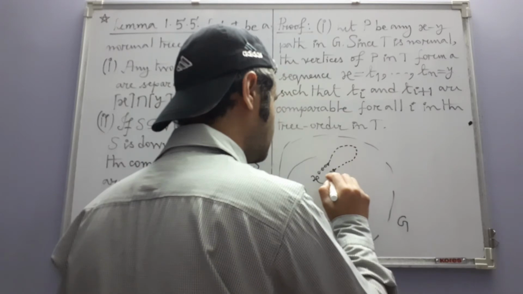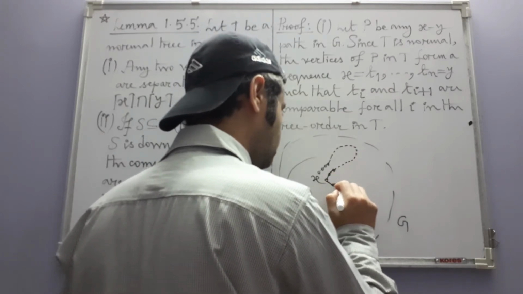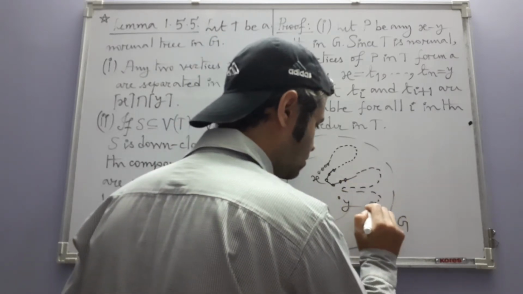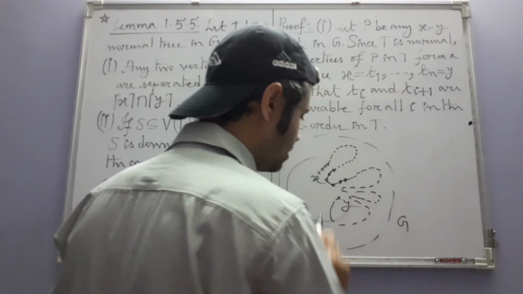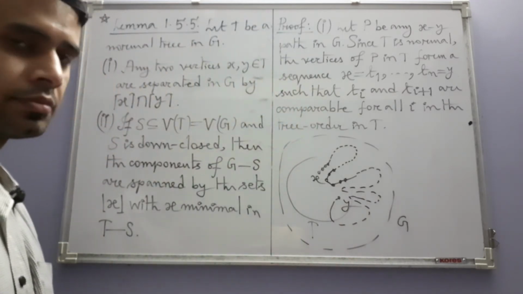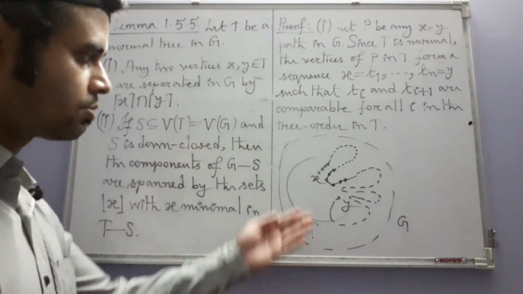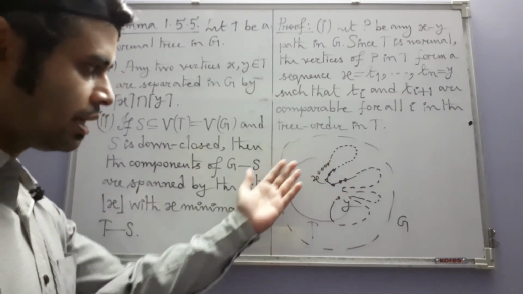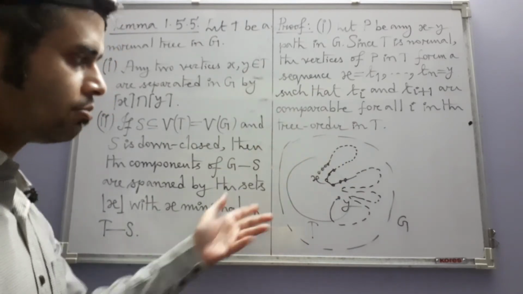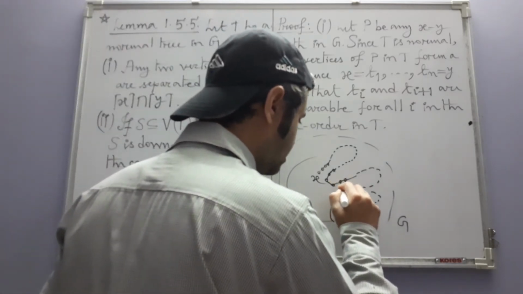So it can go in any manner it wants. It can enter T and leave T any number of times it wants, but ultimately it has to come back to y. That is the most general situation. No one knows what is happening in between, but it may come back to T, it may leave T, it can do whatever it wants.